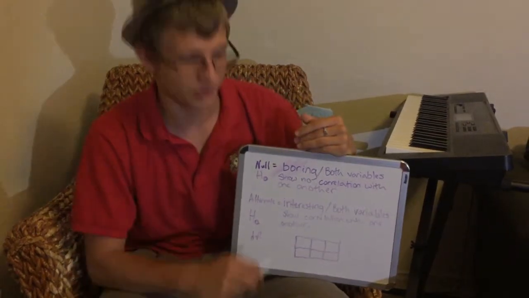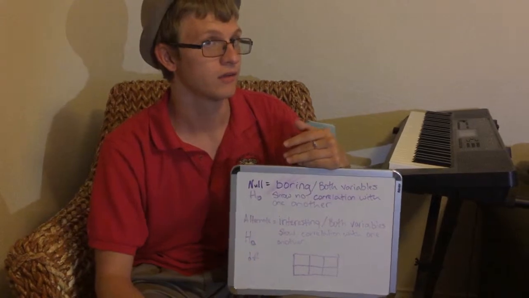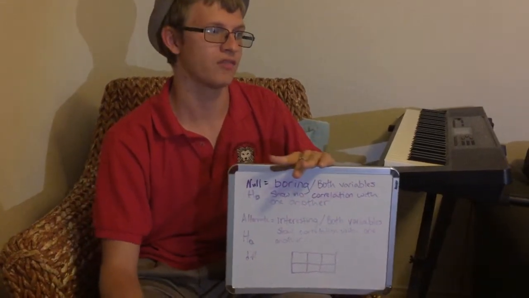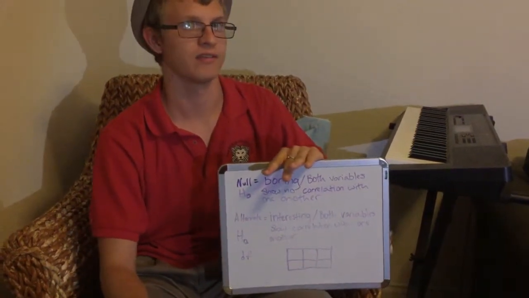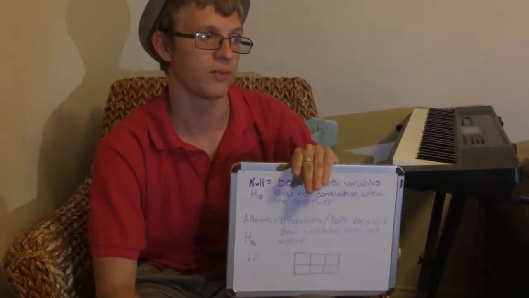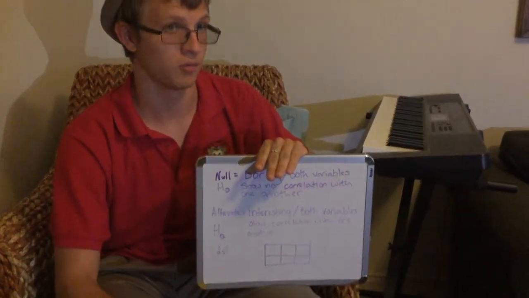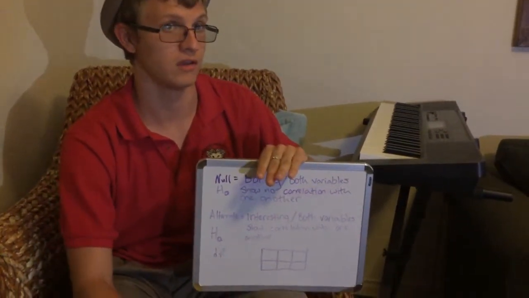But the alternate hypothesis is that both things do correlate. So when you have enough data to reject your null hypothesis, that's when your alternate hypothesis comes around. So your alternate hypothesis is that with men and women, gender does play a role in voting patterns.